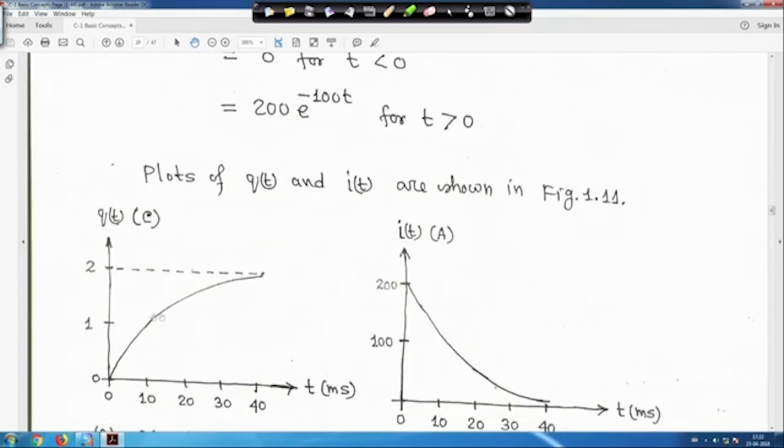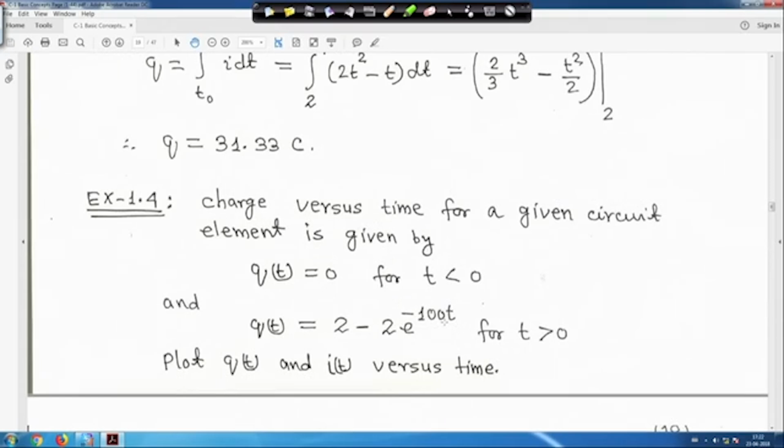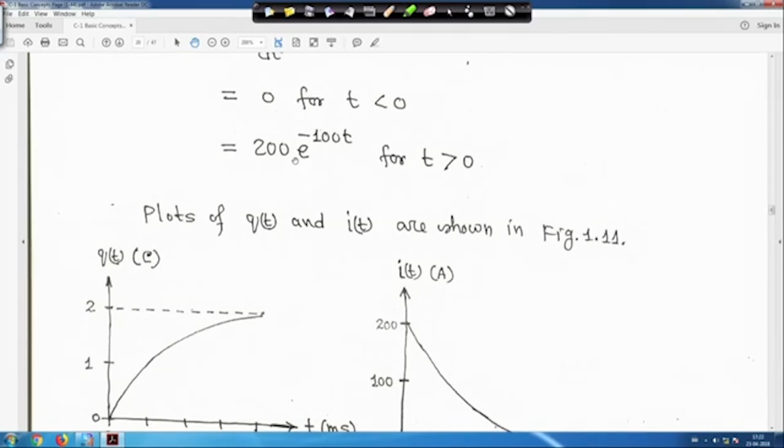So the graph starts from 0, and when t is increasing, in milliseconds, it finally reaches the steady state value of 2. When t tends to infinity, this term will vanish and only 2 will be there. So it is slowly approaching q(t) of 2 coulomb.